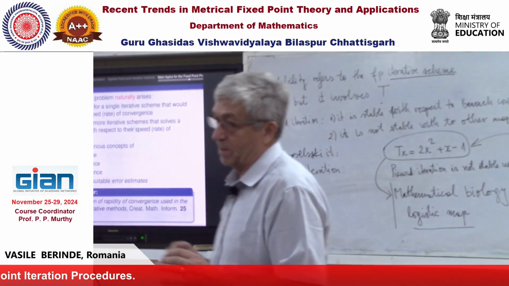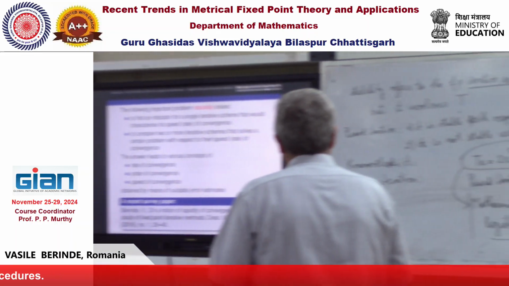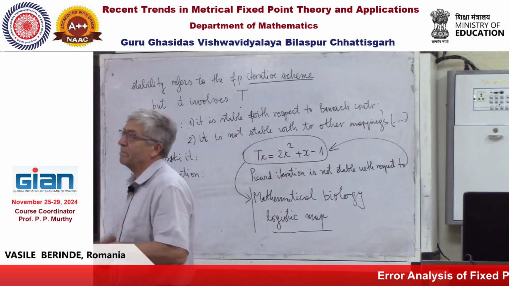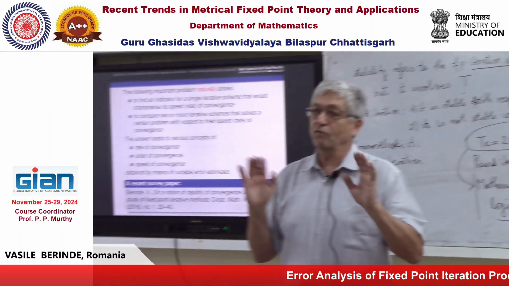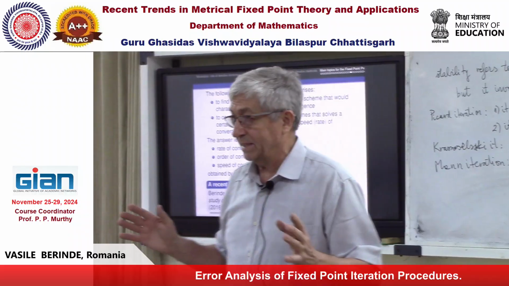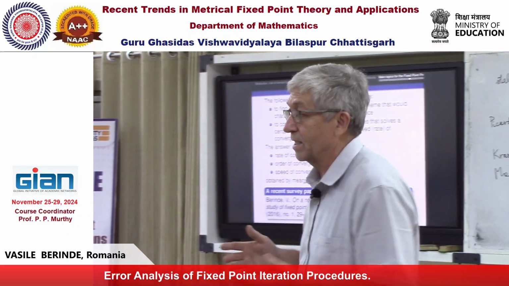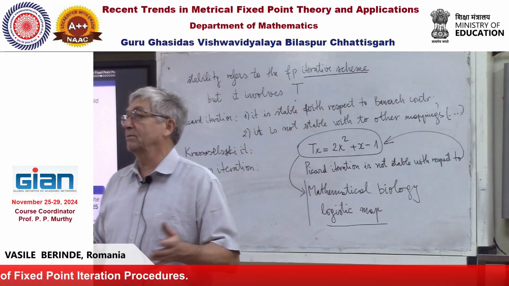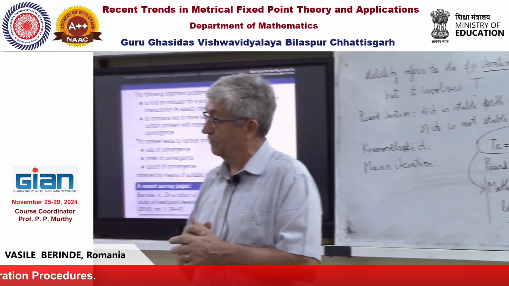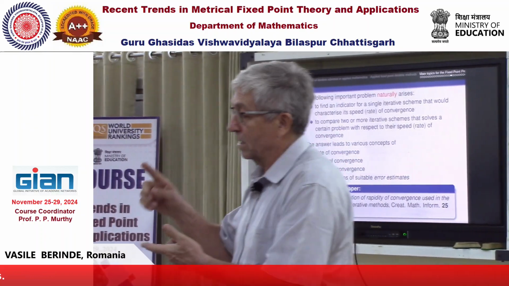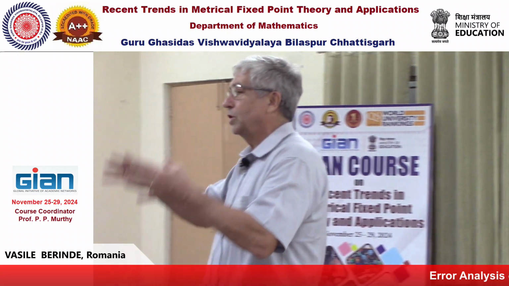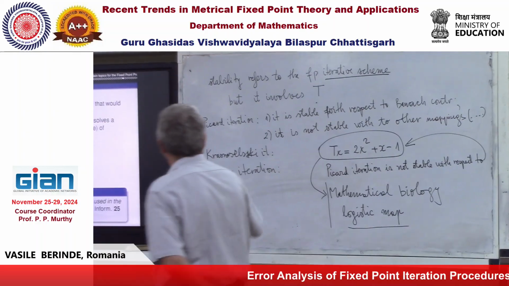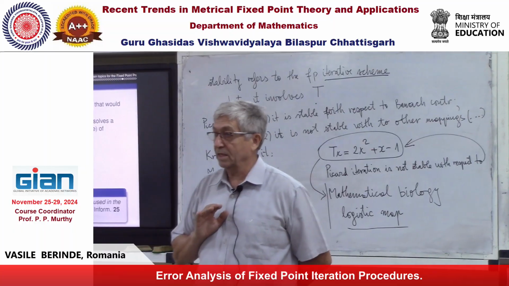I am not very happy when I see papers that deal with Krasnoselskii iteration, Mann iteration, and many others in the class of Banach contractions. It doesn't make sense. Why? Because this is a very simple method. We can solve any fixed point problem in the class of contractive mappings, like Banach, Kannan, Chatterjea, Ćirić, and so on, almost contraction. I've seen tens of papers dealing with such kind of iterative schemes.